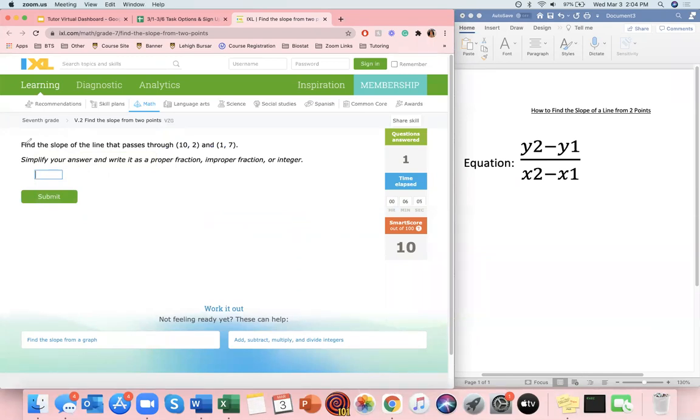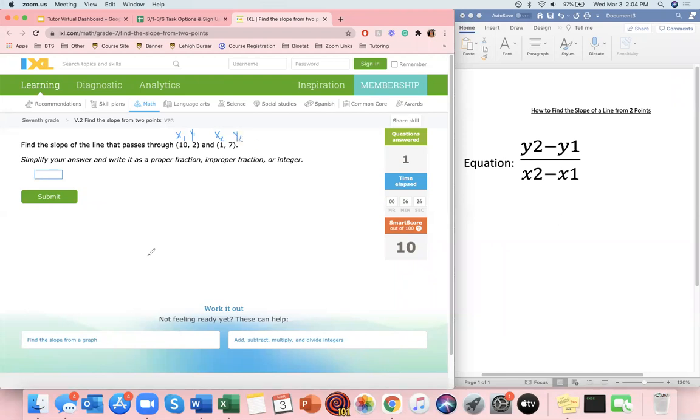Find the slope of the line that passes through 10, 2 and 1, 7. As usual, we would label each of them first. Let's start with 10, which would be x1, and 2, which would be y1, and 1 would be x2, and 7 would be y2.